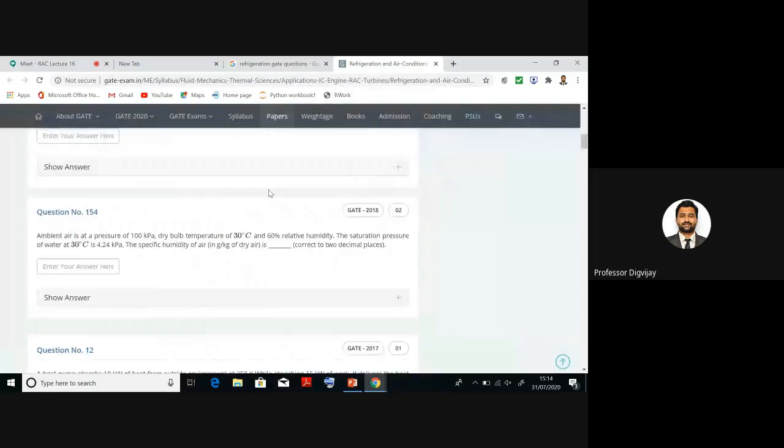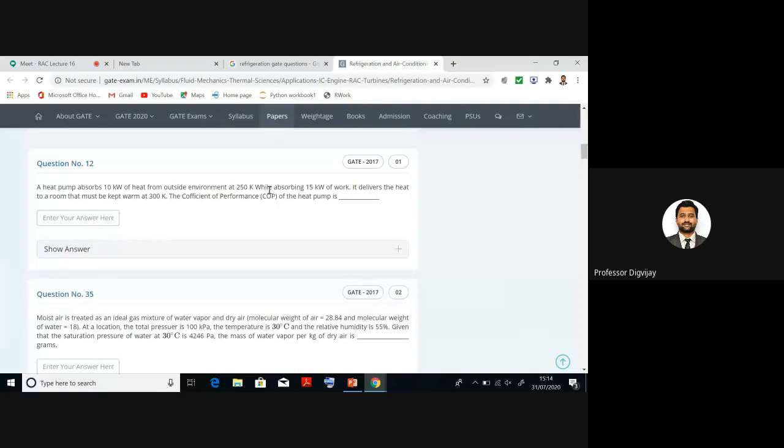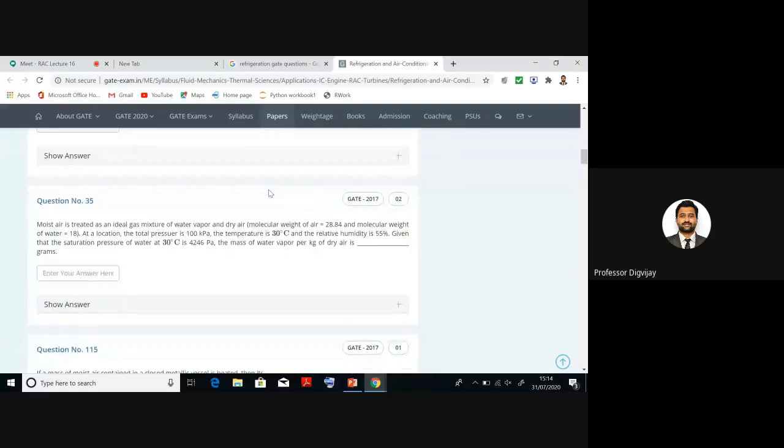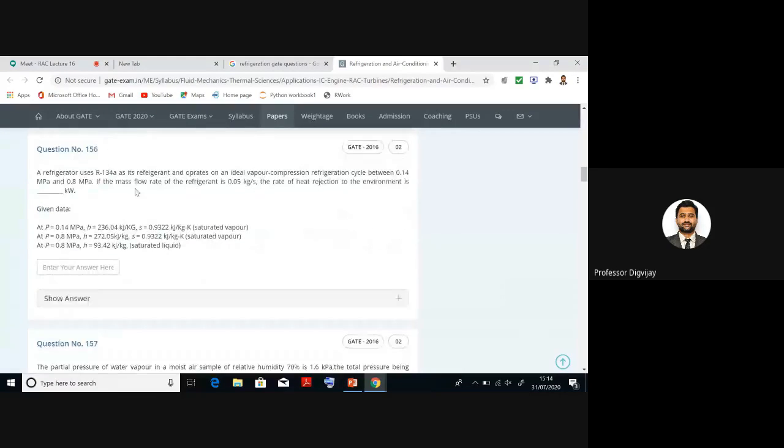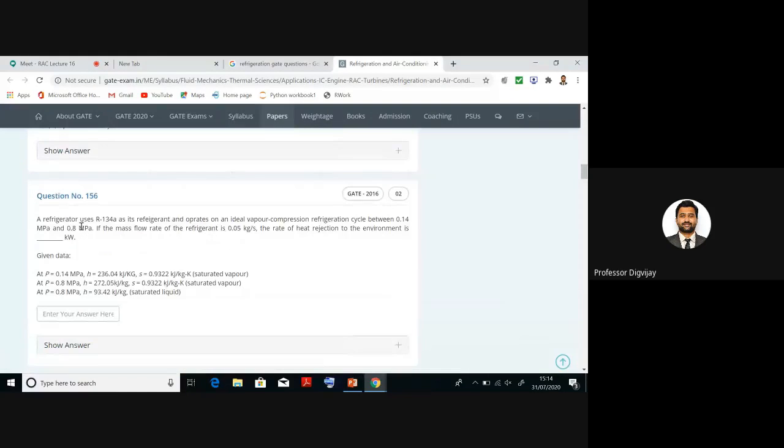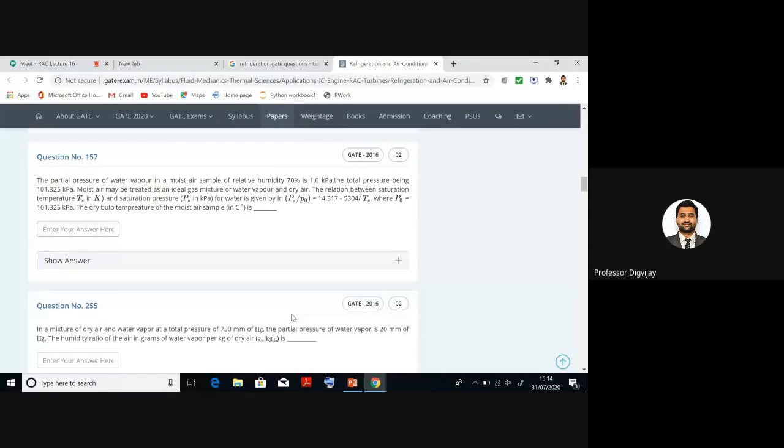You can Google, or you can go for Made Easy books. There you will easily find these examples. These are related to the second section. One example is there, and if you want to solve, you can solve. It was asked in GATE 2016 for 2 marks. Such examples you will see in those books.